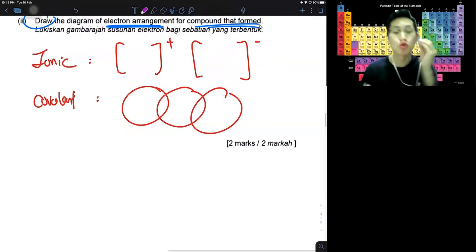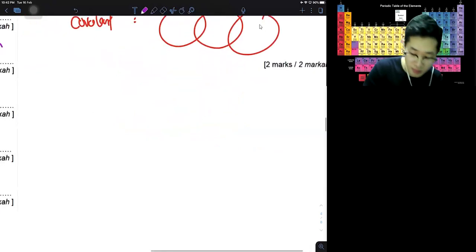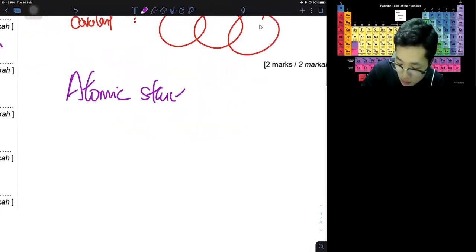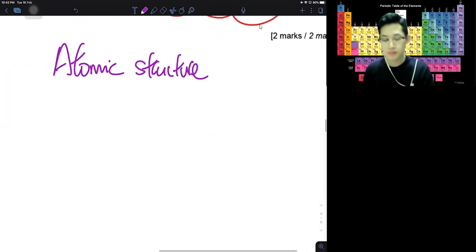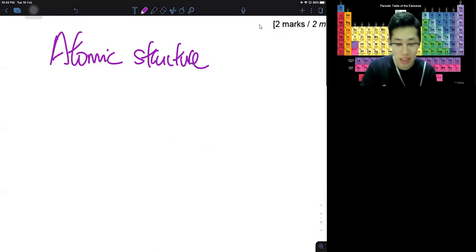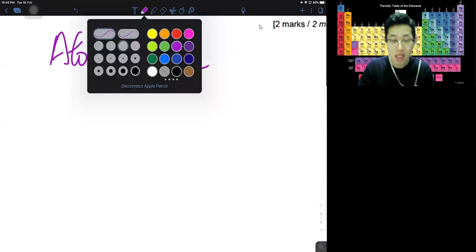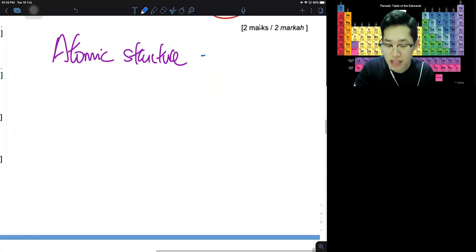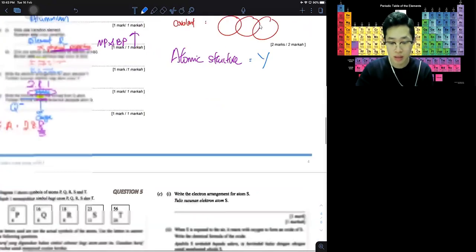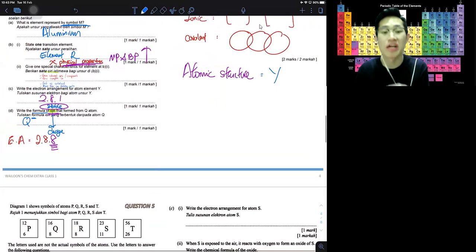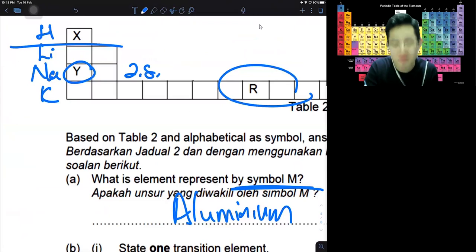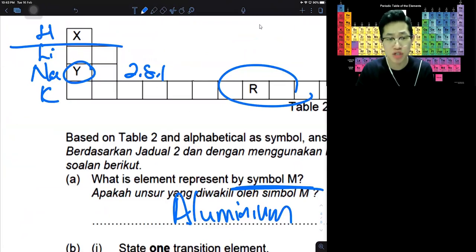They can ask you to draw atomic structure. How to draw atomic structure? Let's say they want you to draw atomic structure of Y. If they ask you to draw electron arrangement of Y, you will know how to do, which is just 281, very simple. But what is atomic structure?